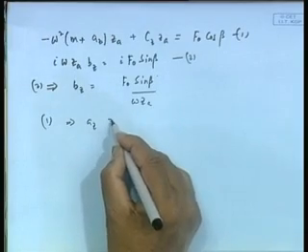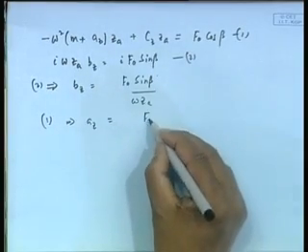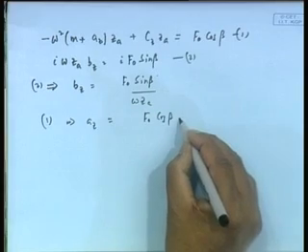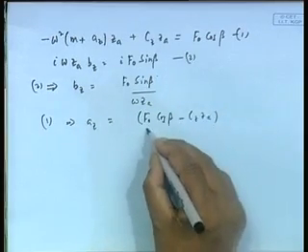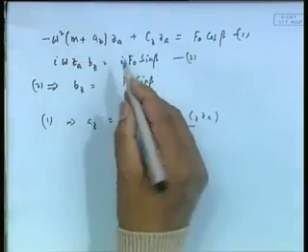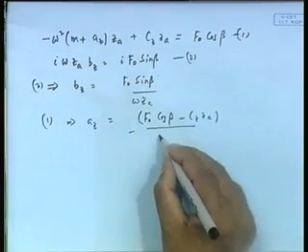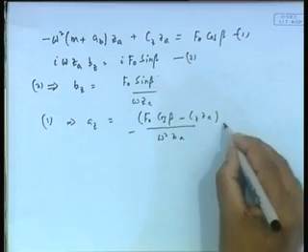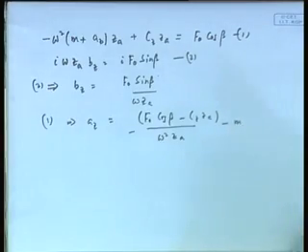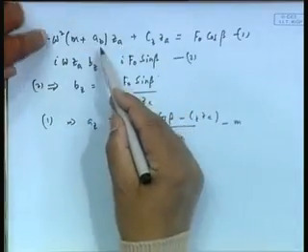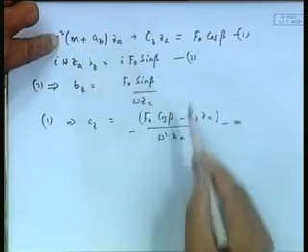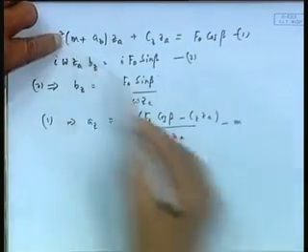And from 1 I can get az. Let us see how: f0 cos beta minus cz za divided by omega square za minus m, something like that. You divide by omega square za, then take m on that side.